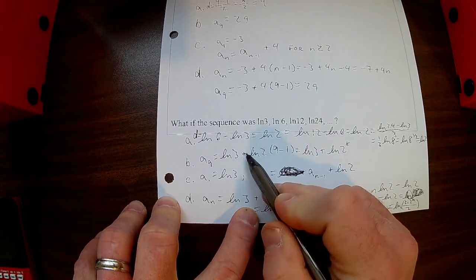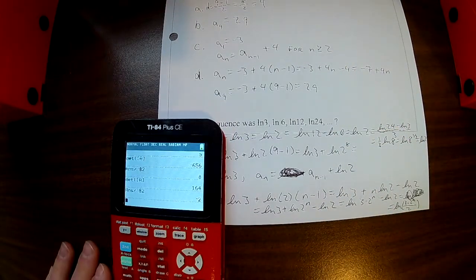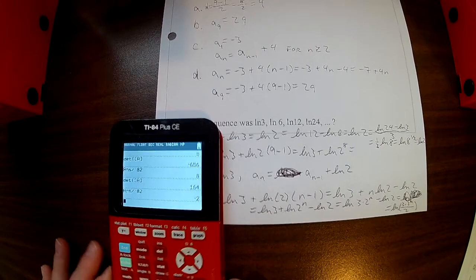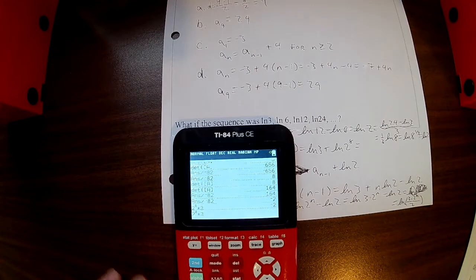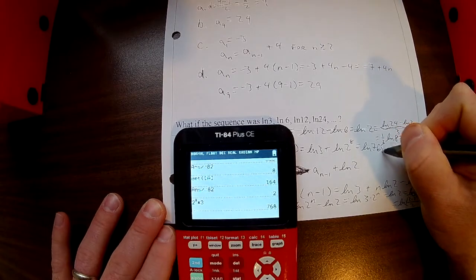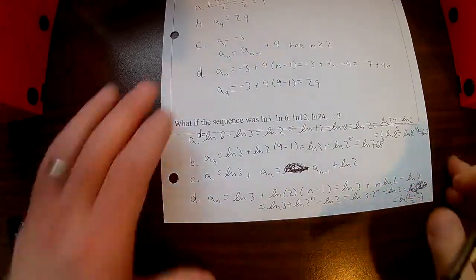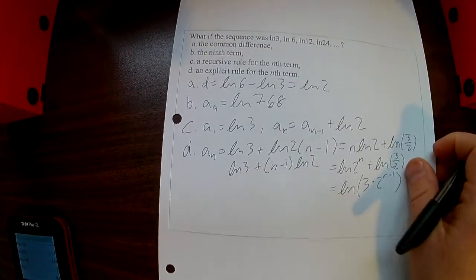Again, that 8 is just a factor, so I bring it up as my exponent here. Man, this is going to be messier. 2 to the 8th times 3, 768. ln of 768. And yeah, there we go. Work for the first one. Work for the second one.